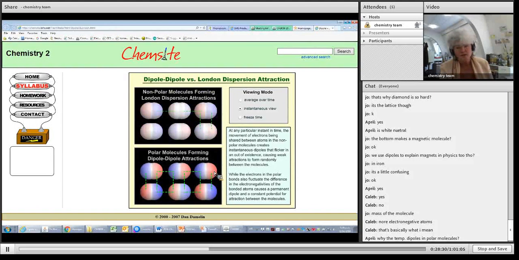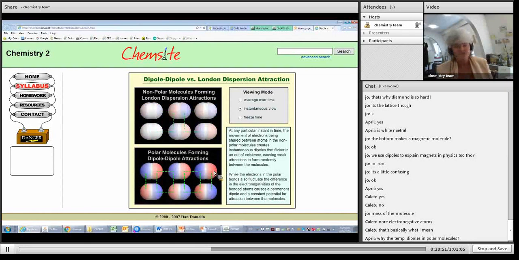April, why the temporary dipoles in polar molecules? Because those electrons are still moving. In a polar molecule, we don't have just a whole lot of electrons sitting on one side and hardly any on the other side staying there without moving. Electrons move constantly all the time around the nuclei.